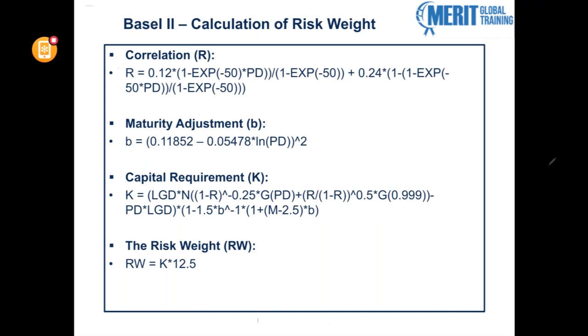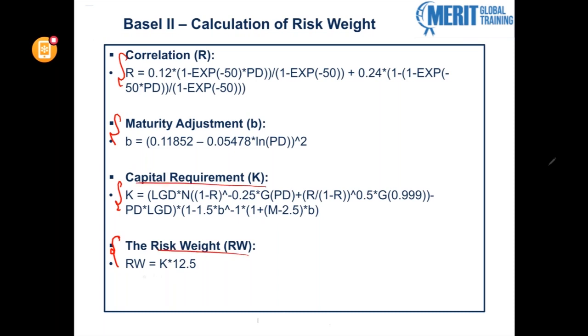What we need to understand, and it's very important, is that these are the attributes, or the formulas, that we input into this capital requirement K to determine the risk weight that we apply to our EAD to arrive at risk weighted assets. So the first key parameter is the correlation.